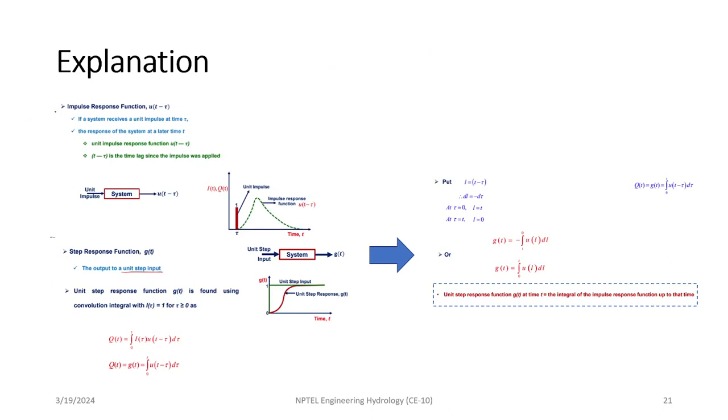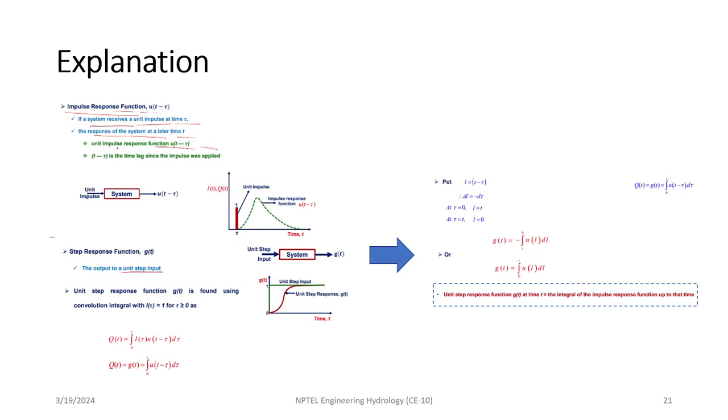Before going to the options of what is right or wrong, first go through this impulse response function. What does it mean? If a system receives a unit impulse at a time tau, then the response of the system at a later time will get lagged.